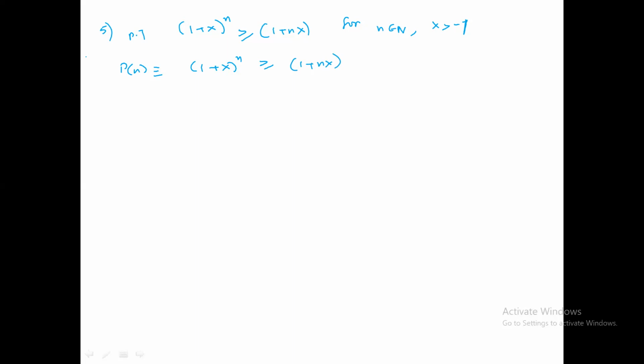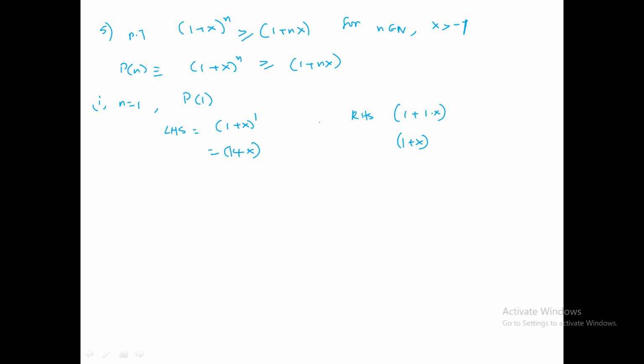Now we will take n equal to 1, first one. That means P of 1. We will take the left hand side, (1 plus x) power 1, that is 1 plus x. We will take the right hand side with n equal to 1, 1 plus 1 into x, that is 1 plus x.